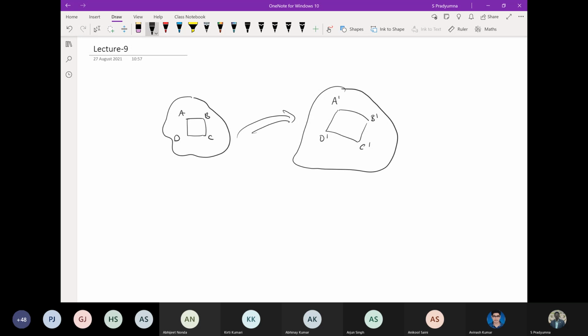Our assumption here is that the length of AB is not equal to the length of A dash B dash. That means the deformation has increased the length of the side AB of that element. Similarly, the angle ADC is not equal to the angle A dash D dash C dash. So that means the body is a deformable body.